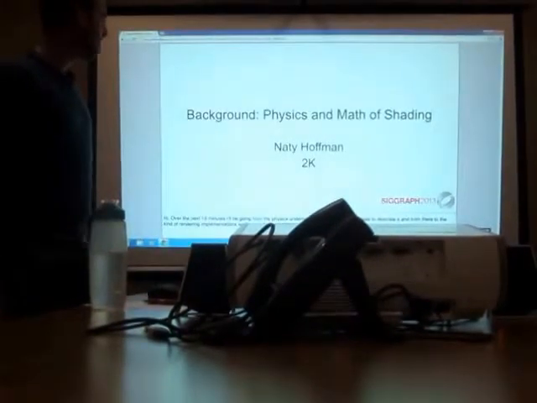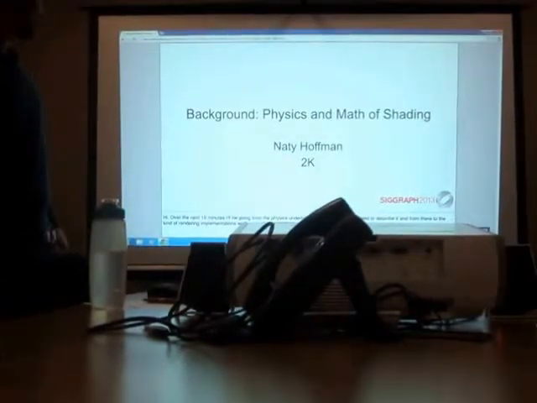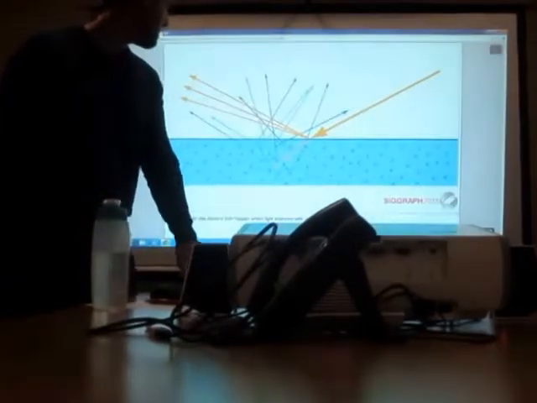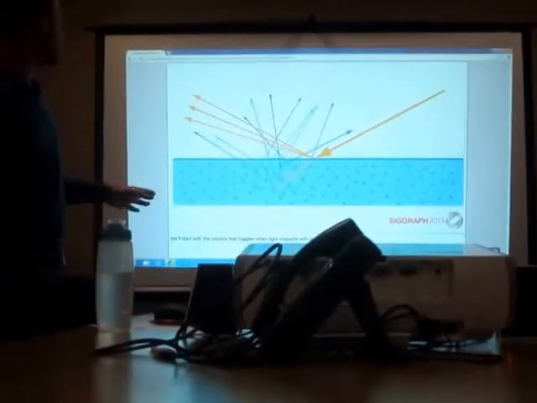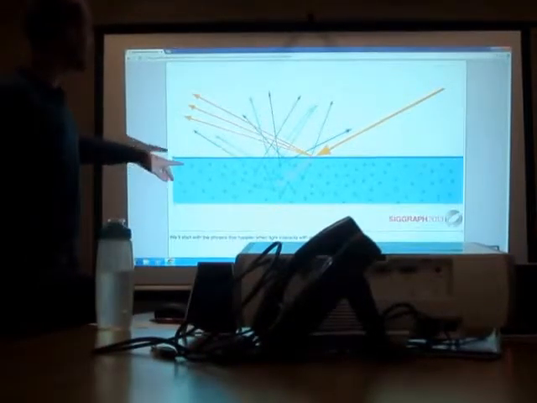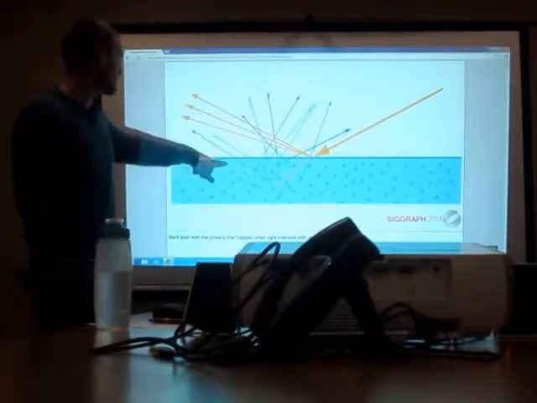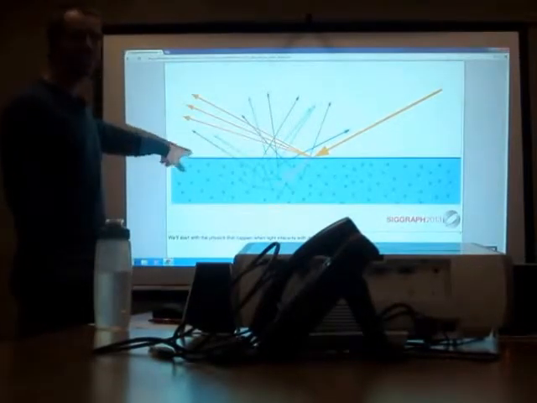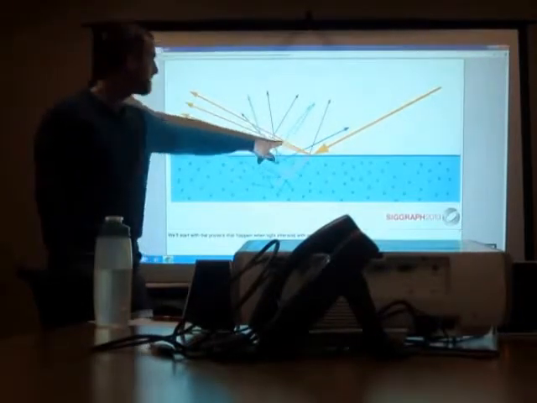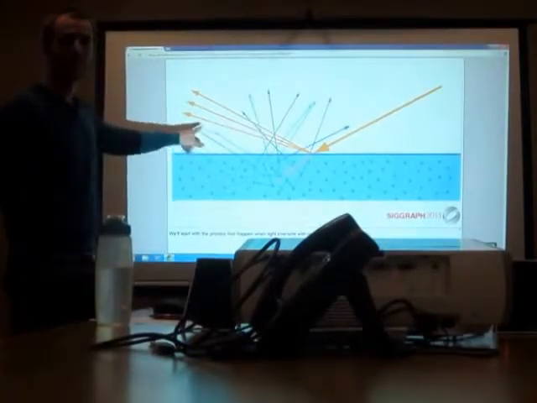Natty presents the underlying shading and the math to describe different physically based rendering techniques. So here's an example of what happens when light interacts with matter. The model that everybody uses is you have the surface layer where the light comes into contact, and then some of it reflects off of the surface.